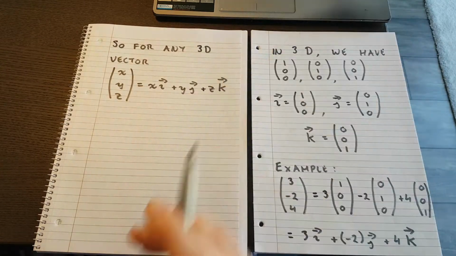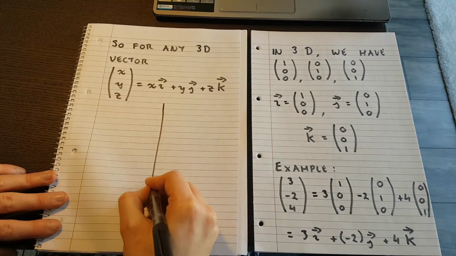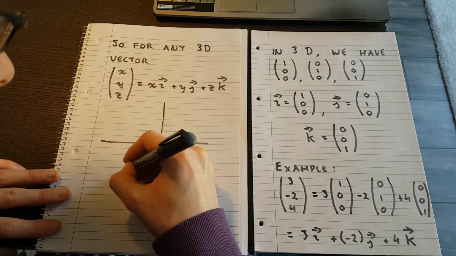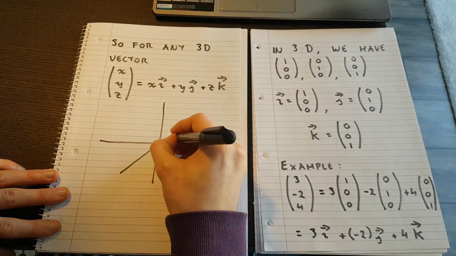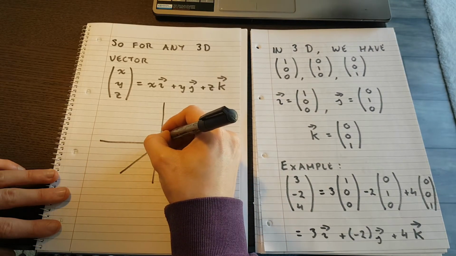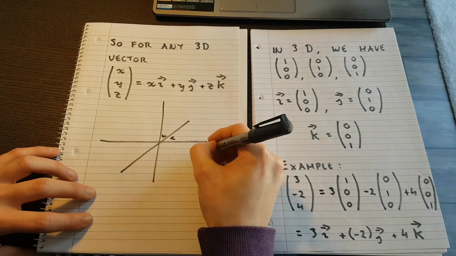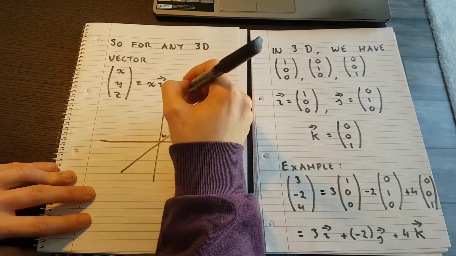And we assume that these 3 vectors, I, j, and k, exist in a 3-dimensional space. So we have kind of a three-dimensional picture here. This would be my x-plane. This would be my y here lying flat.